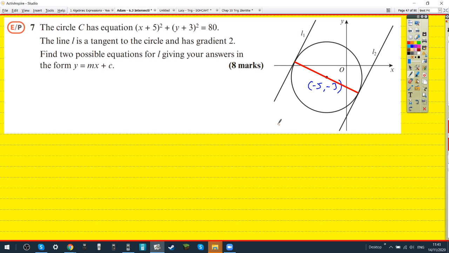So -3 equals -5m plus c. What's next? And then would you write out y equals 2x plus c?